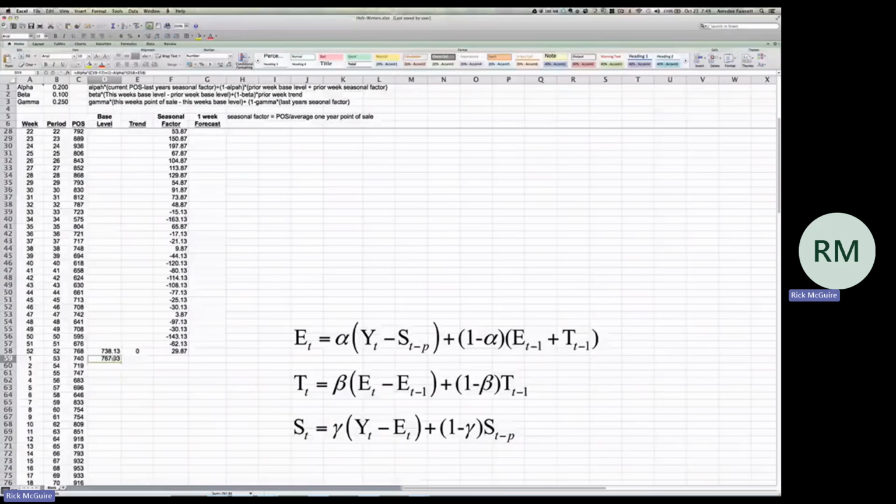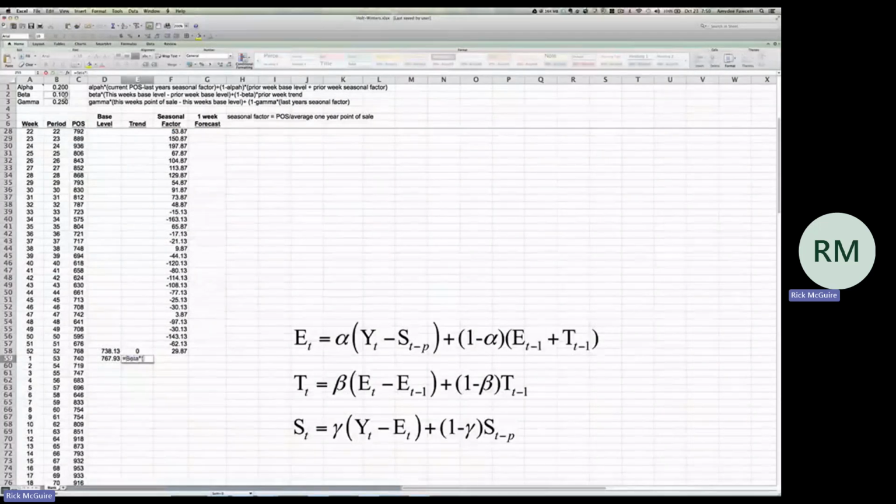Now, a similar thing for the trend component. And for trends, our weighting factor is beta. Beta times, and again, I'll find two different ways of estimating the trend. The first way would simply be to take the current period base level and subtract from it the prior period base level estimate. So the difference, or the increase or decrease in base levels, would be an indication of trends.